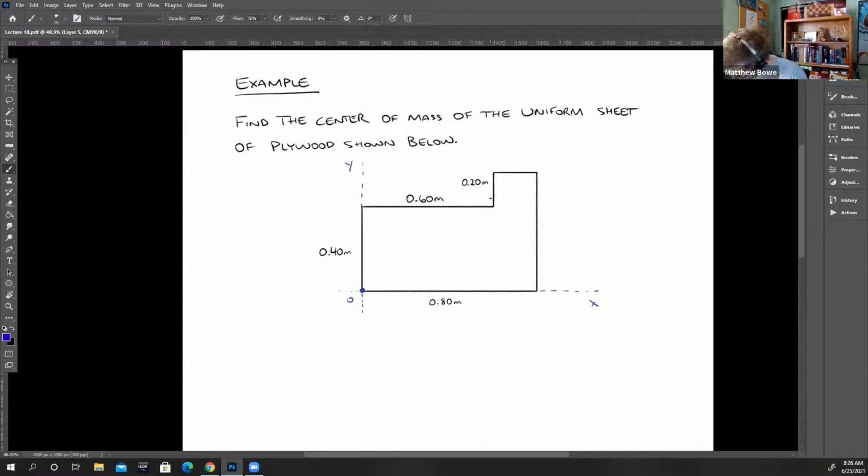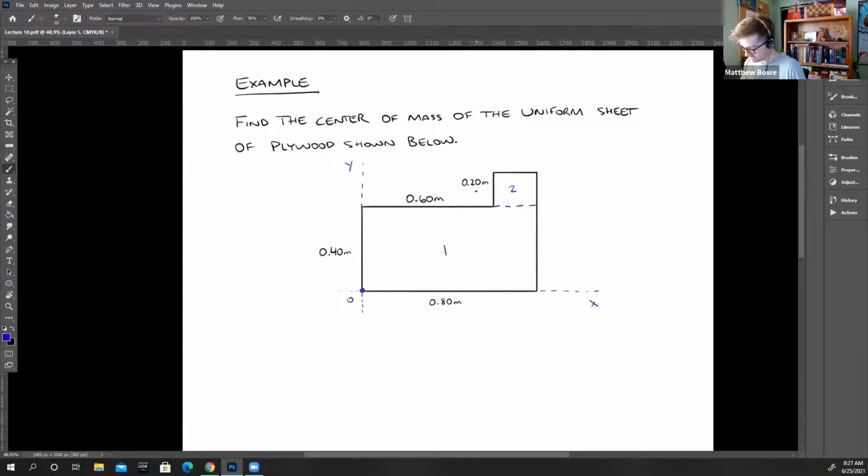An easy thing to do is just slice this small bit off like that. Now you see this weird shape is just made of two simple shapes. We have a rectangle that is shape 1, and we have a square that is shape 2.